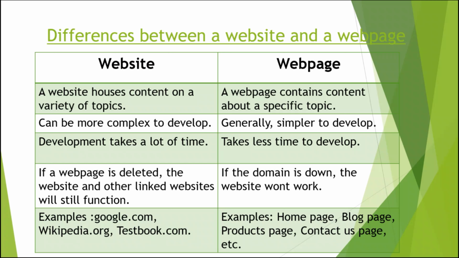When we talk about complexity of development, it means that it's actually harder for you to develop a website than a web page, because like we said earlier, a website is different web pages with interrelated information, interconnected data coming together to form a single entity, and that is going to be a bit hard to develop because you're going to be linking them, having different ideas coming together. So for you to bring them together is going to be a bit difficult.